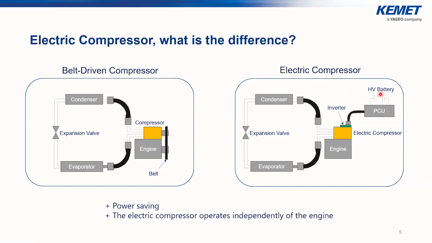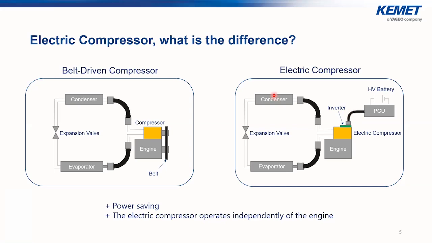The electric compressors are directly powered from the battery, whereas the belt-driven compressors are powered from the engine and connected via a belt drive. Since the electric compressors are directly powered from the battery, which is DC, we need to place an inverter to convert the DC power coming from the battery to an AC power that will be able to run the motor within the compressor.